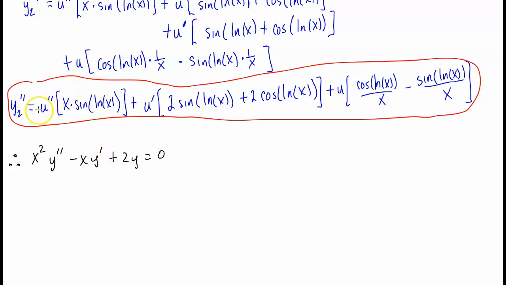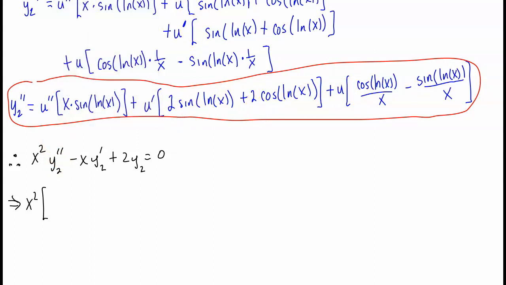And again, since we are trying to solve for y sub 2, we want to put some 2's here just to remind us of that. And so now we go and substitute everything in. So for this first term here, this will be x squared times, and then all this business here for y sub 2 we're going to write in, okay?